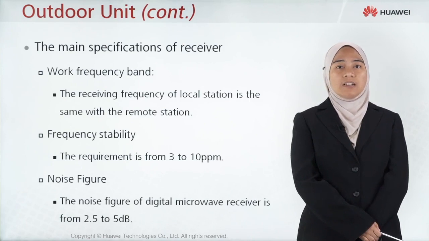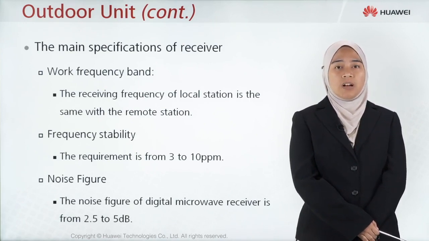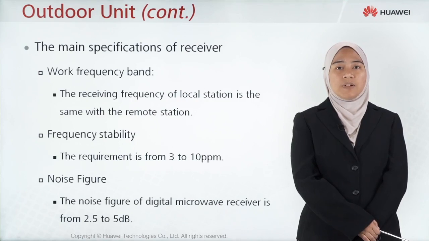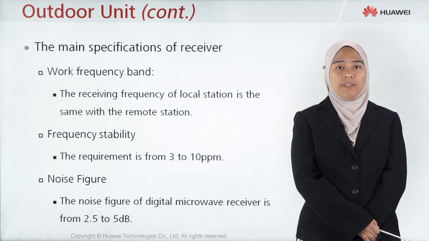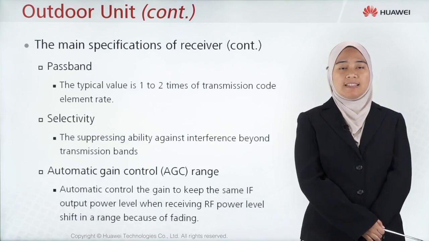The main specifications of the receiver. First is the work frequency band. The receiving frequency of the local station is the same as the transmitting frequency of the remote station. Second is the frequency stability. The requirement is from 3 to 10 ppm. Noise figure. The noise figure of a digital microwave receiver is from 2.5 to 5 dB. Next is the pass band.